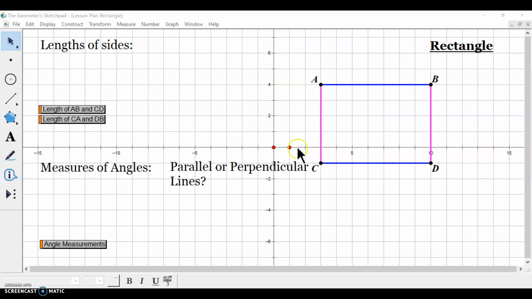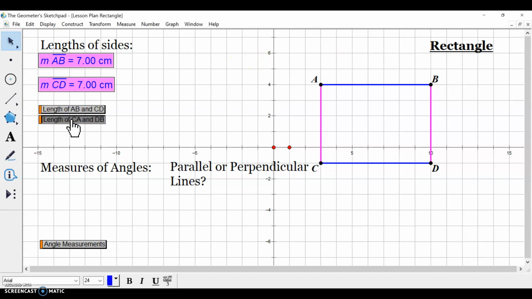Moving on to our second last quadrilateral here, we have a rectangle. So when we take the length of the sides of a rectangle, we can see that the measure of AB and the measure of CD, so the blue here, and the measure of CA and BD, the pink lines, are equal to each other.